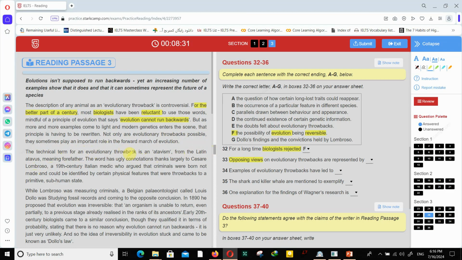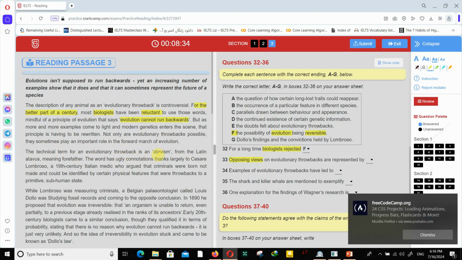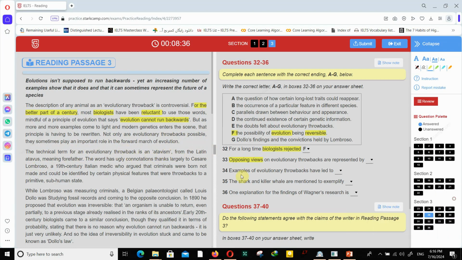The word has ugly connotations thanks largely to Cesare Lombroso, a 19th century Italian medic who argued that criminals were born, not made, and could be identified by certain physical features that were throwbacks to a primitive subhuman state.